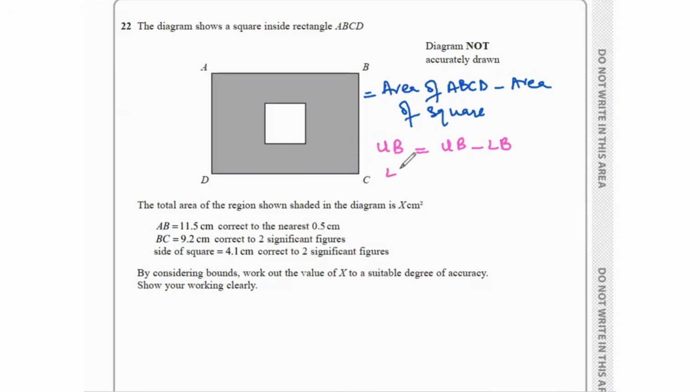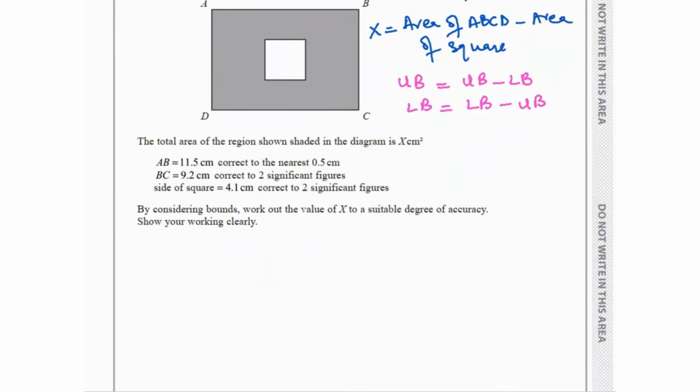To find the lower bound in subtraction, it's lower bound minus upper bound. Since we have to work out the value of x to a suitable degree of accuracy, we need to find the upper bound of x and the lower bound of x, x being our shaded region. So x equals area of ABCD minus area of square. For the upper bound of x, we need the upper bound for the area of ABCD and the lower bound of the area of the square.